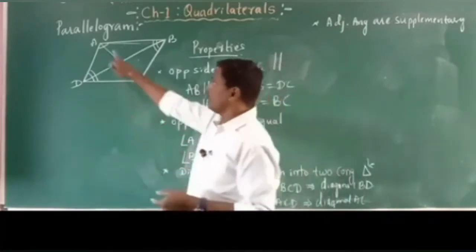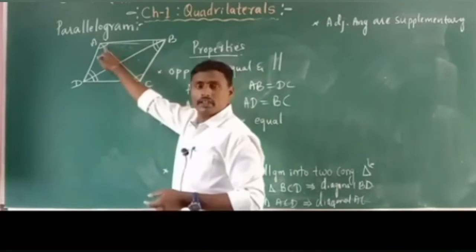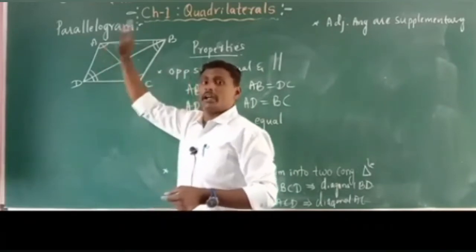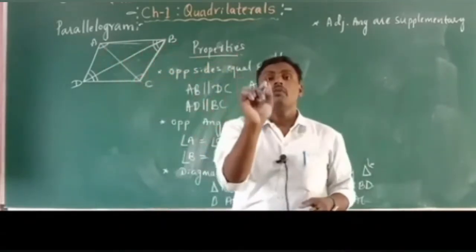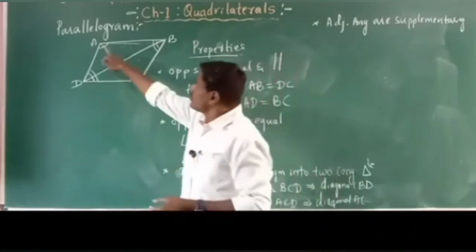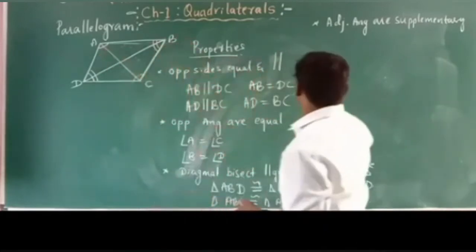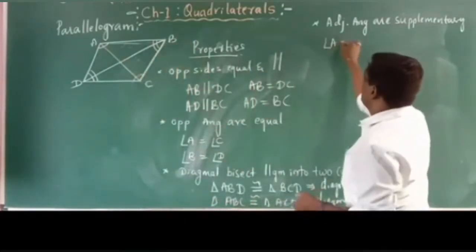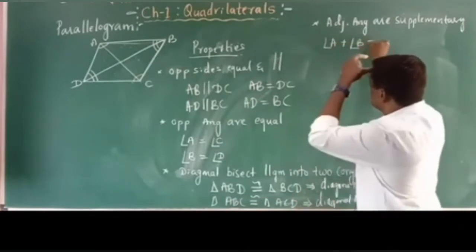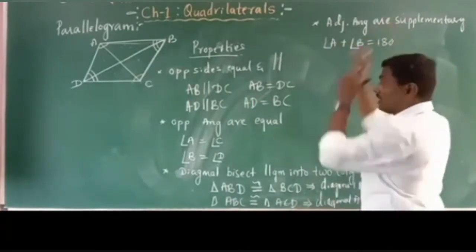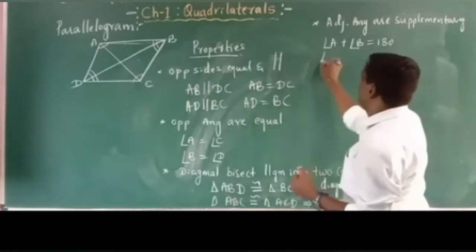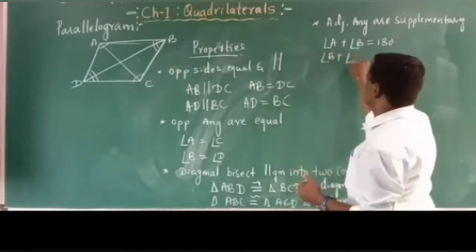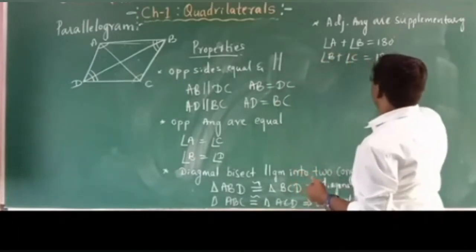For example, usually adjacent angles have common sides, right? So angle A plus angle B is equal to 180 degrees. Take one more pair, angle B plus angle C is equal to 180 degrees.